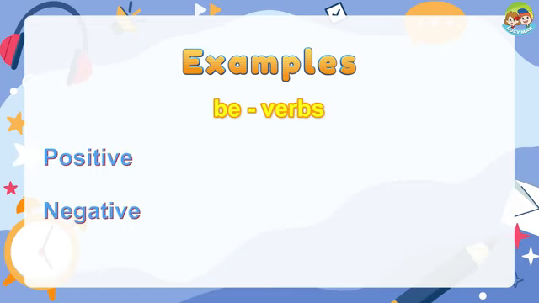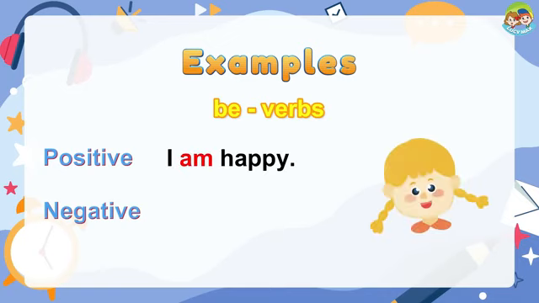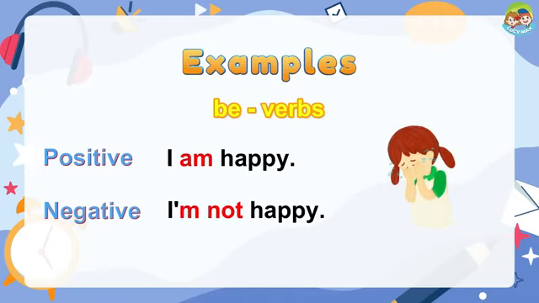Examples. Now let's look at some examples. We will look at positive and then the negative be verbs. I am happy. The negative form is I'm not happy.